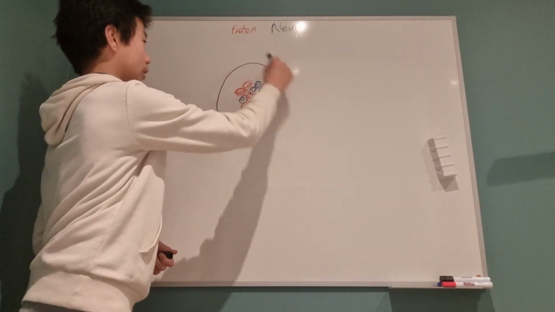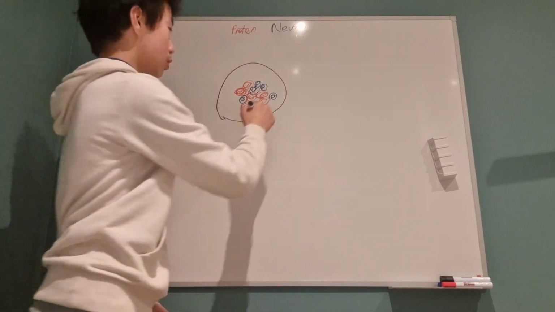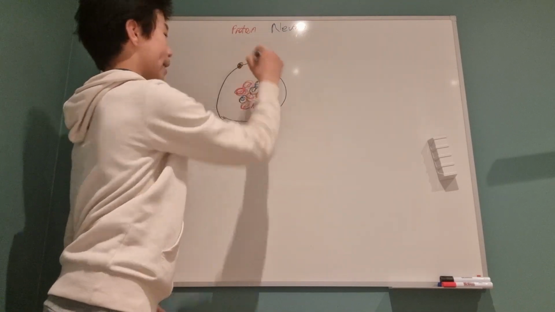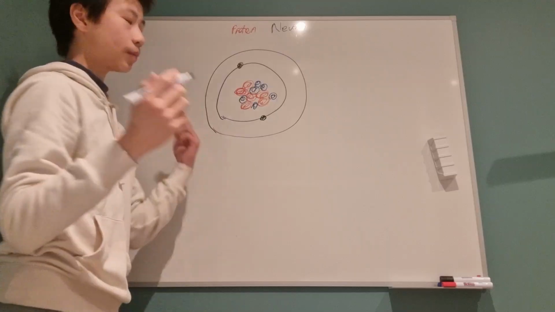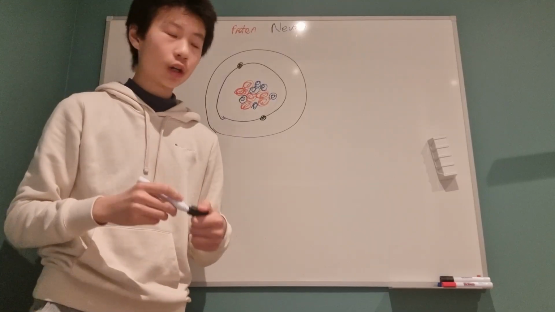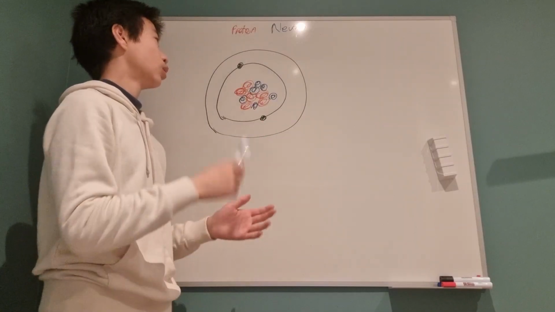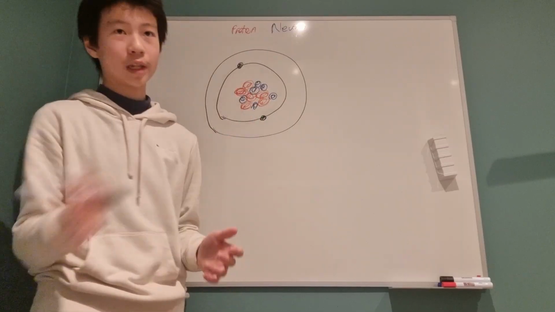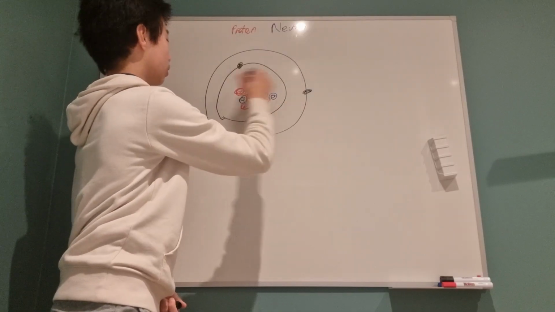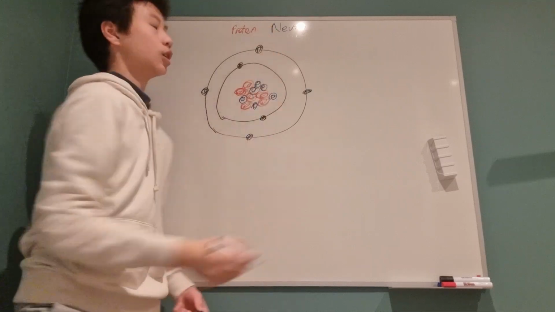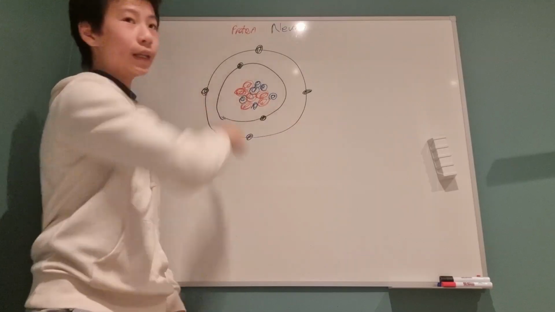Then we have the first ring, and because of the amount of electrons that can fit in one ring, there's 2 electrons in the first ring, and then it fills up. And then there's the second ring over here, where, because carbon still is an atom, it has to balance the positive charge with the negative charge. So it's going to have 6 electrons in total. So we have 1, 2, 3, 4. So here you see 2 electrons in the first one and 4 in the outer ring.